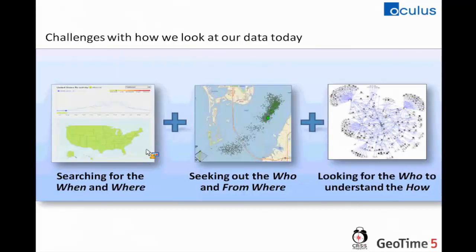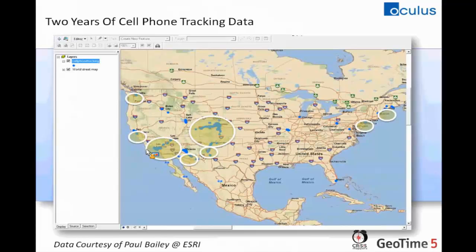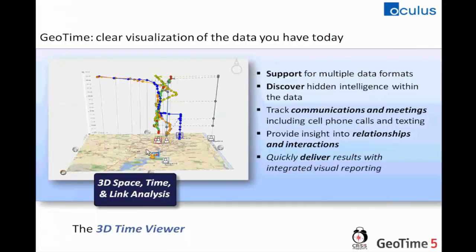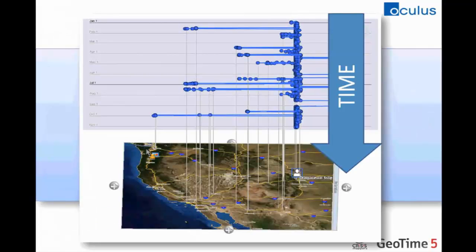So what GeoTime does is combine all three of these views inside a temporal view. We have our geographic view at the bottom. We have time, which is measured vertically, so the most recent event happens lower, and the oldest event happens higher.